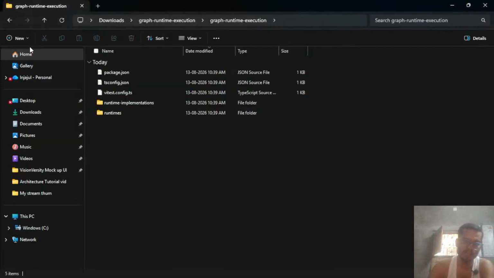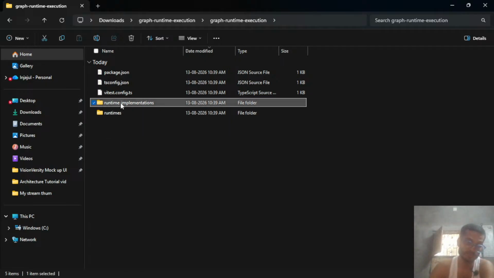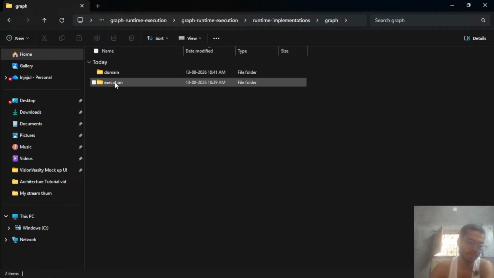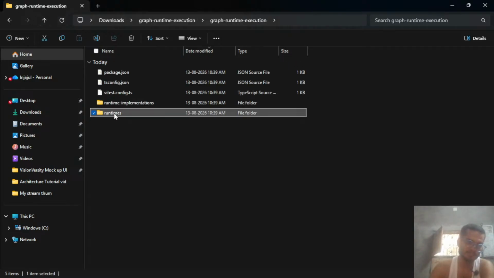To show you, I just ask how Claude organizes the runtime implementation. It assumes I have this directory. That's the issue. I asked only for this one. The graph also creates the domain and the runtime execution.